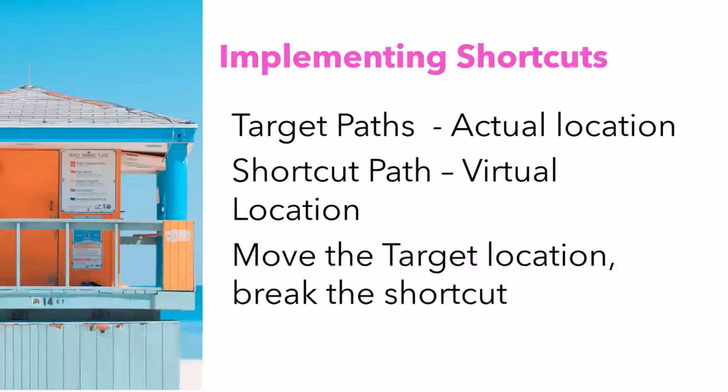That's your OneLake location. So if you do something like move it on the back end, if you move your target, yes, you broke the shortcut. So that's always a consideration when you're virtualizing things. You can't move them around after you do that. So keep that in mind. Target is where it is. Shortcut path is where you are accessing it from.